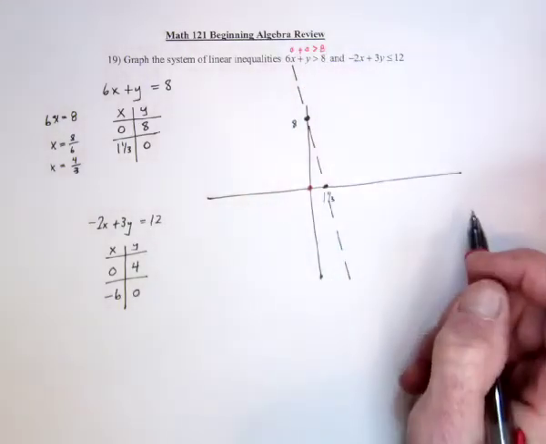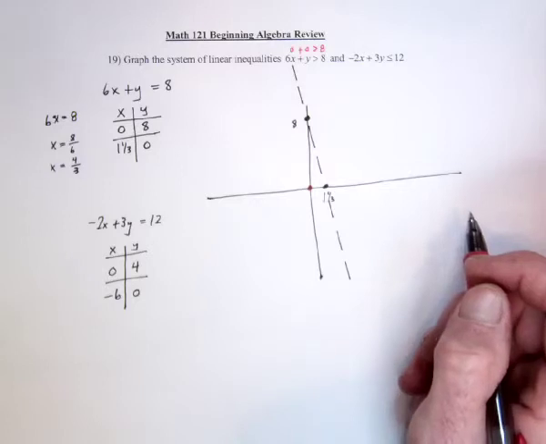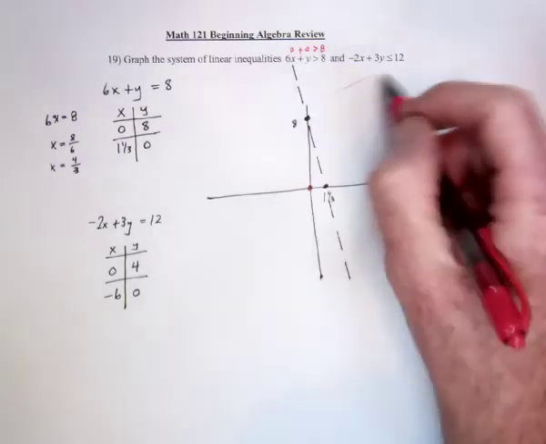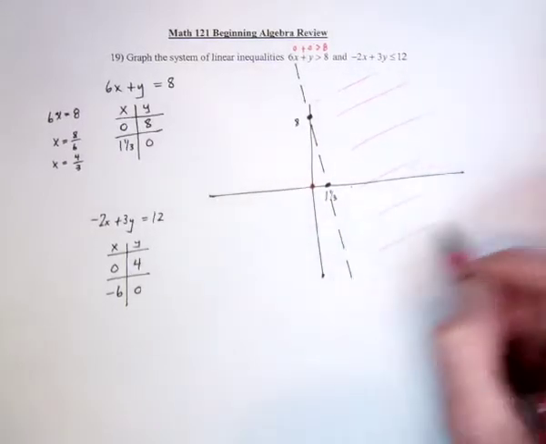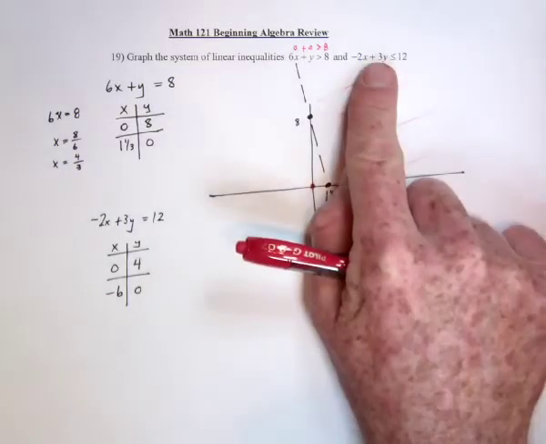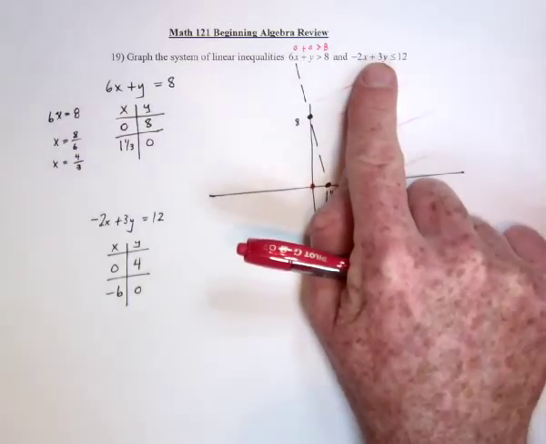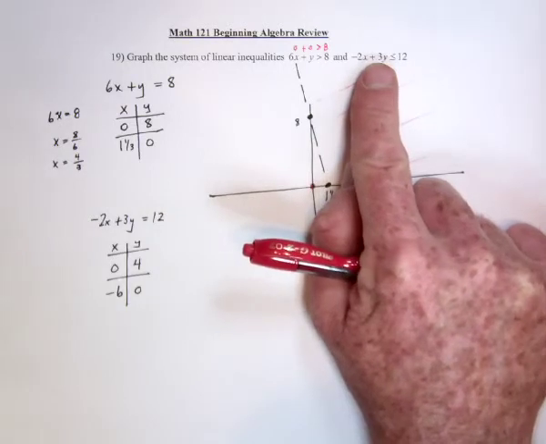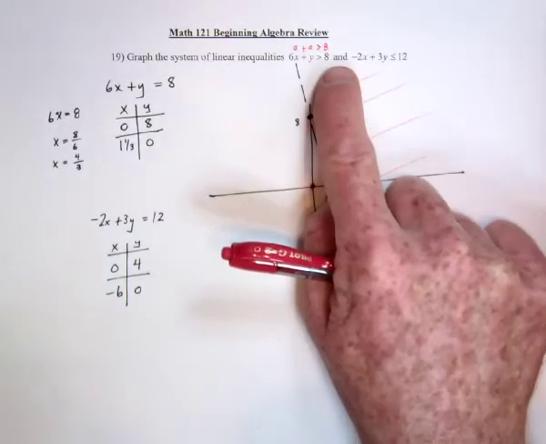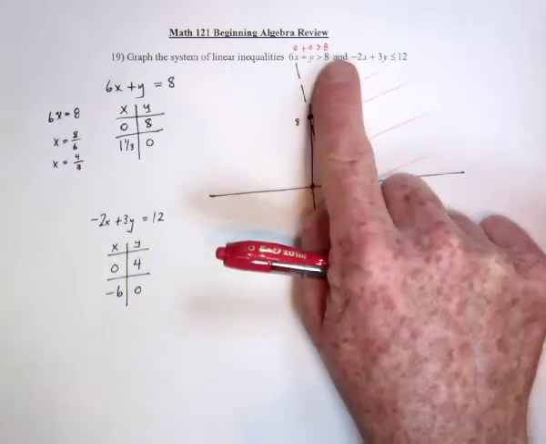In other words, is 0 bigger than 8? No. That means that this side was wrong, which means that the other side is right. So just a light shading right there. I just do a light shading because we're going to have to do this one as well. And where the two shaded parts overlap, that's going to be the final answer. That's because of this right here. It has to be this shaded one and this shaded one.